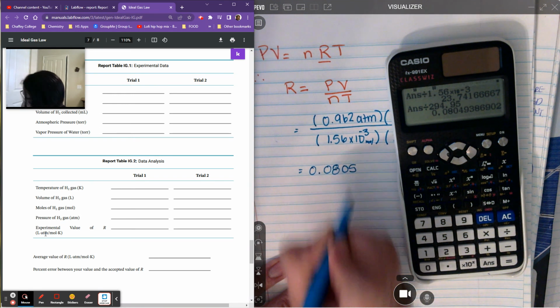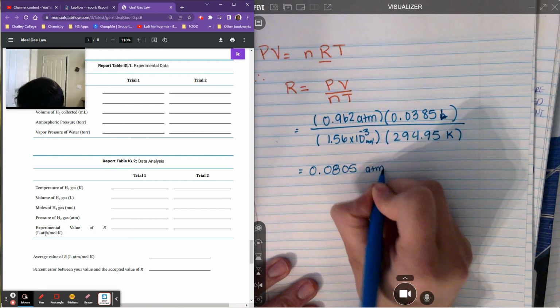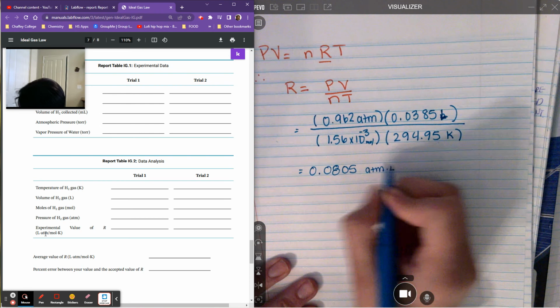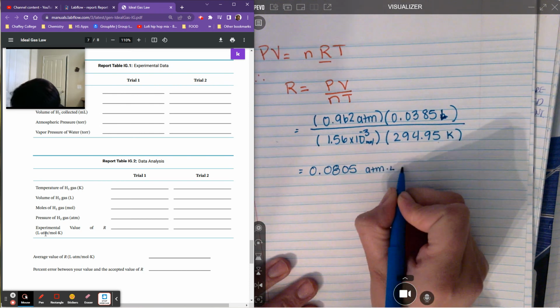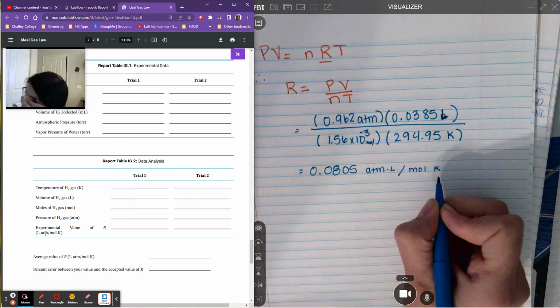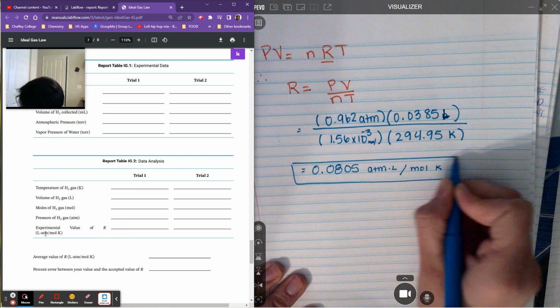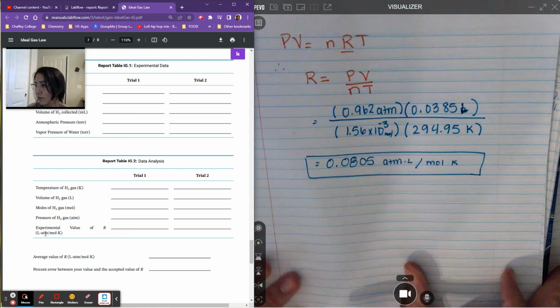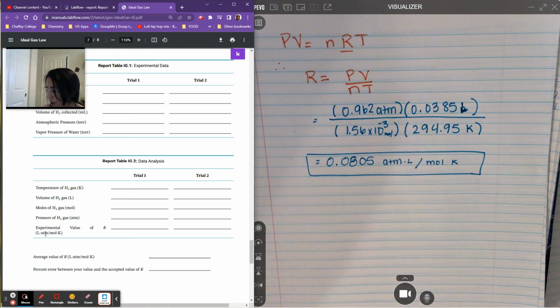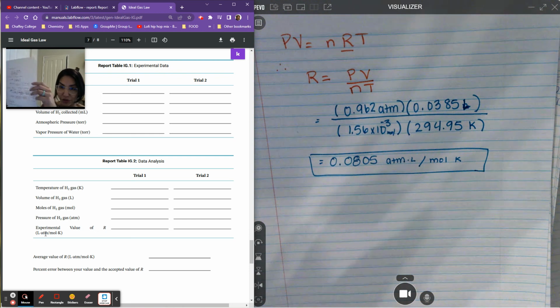I'm going to just round that to 0.081. And the units are atmosphere liters over mole Kelvin. All right, so quite simple, all these little steps, especially after they get explained. If you keep track of all your work, remember, keep track of all your work, and you're going to be submitting that work.